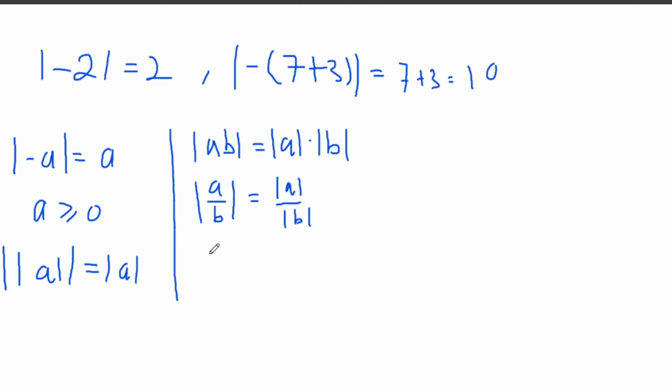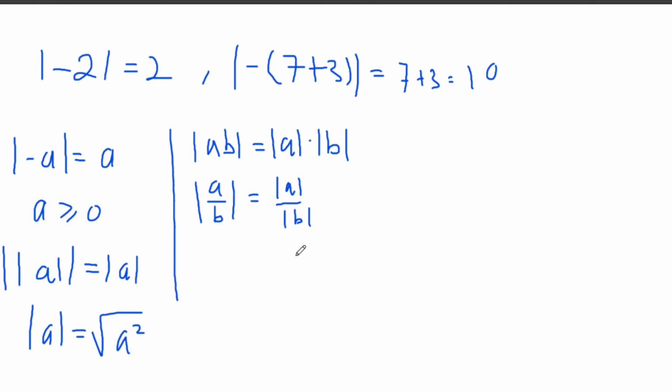And I almost forgot that the absolute value of A must be the square root of A squared. Okay, that's the absolute value. We can turn absolute value into a radical expression.